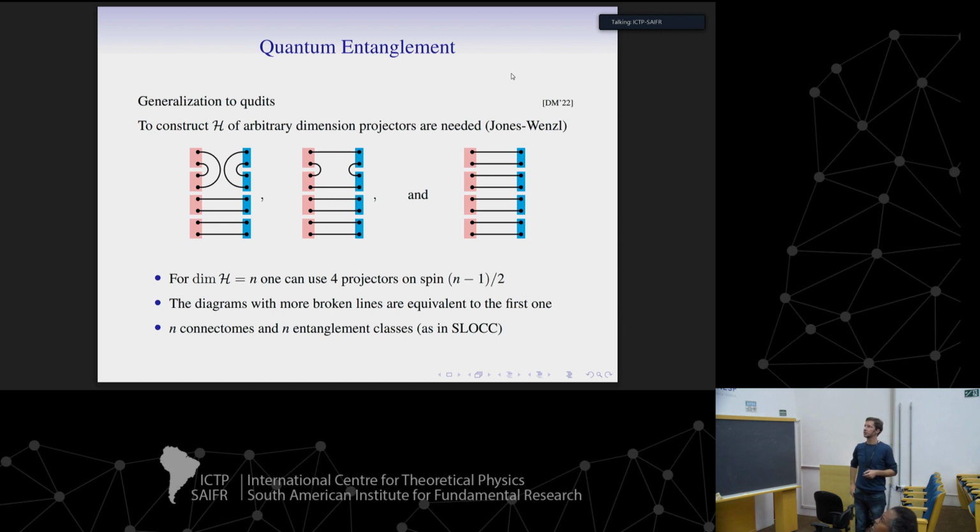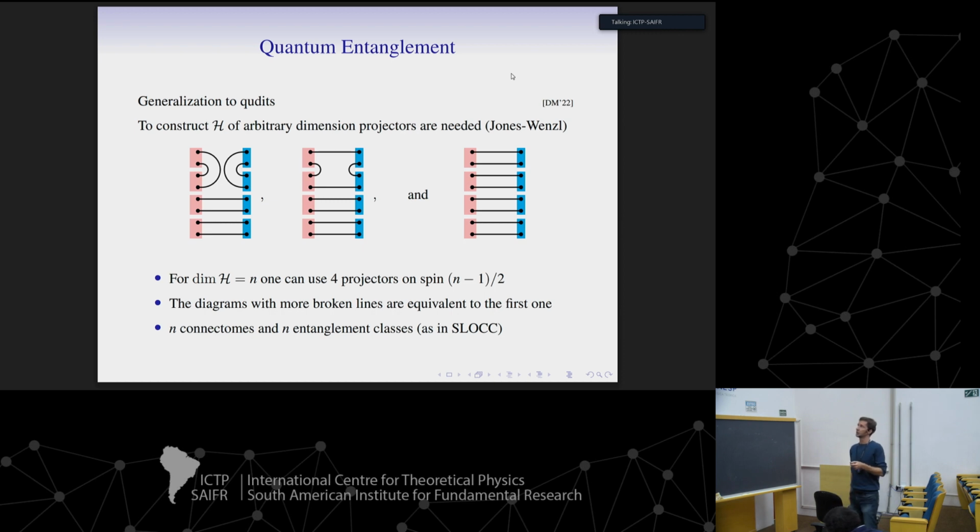So in order to systematically increase the dimension, to pass into dimension 3, 4, and so on, you need to introduce some projectors. Unfortunately, I will not explain how to realize this projection, but basically you use the fact that the product of spins J1 and J2 gives a number of spins from J1 minus J2 up.